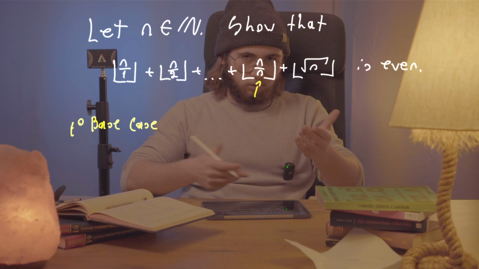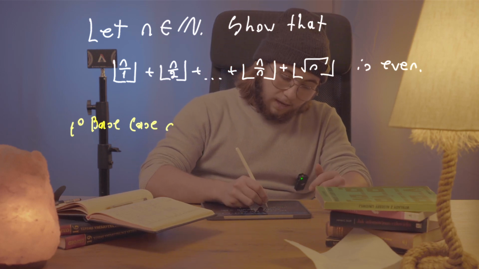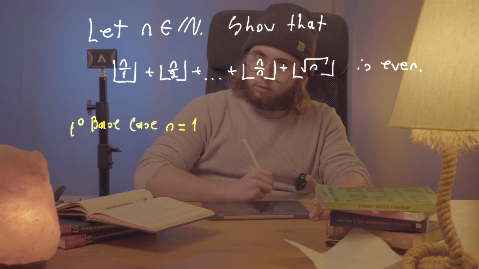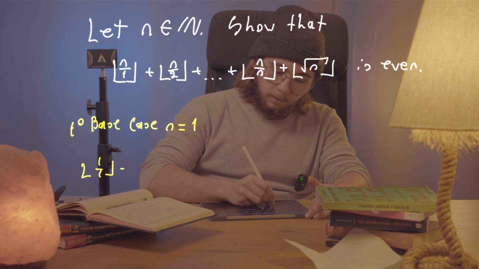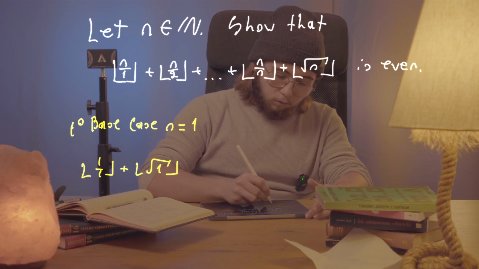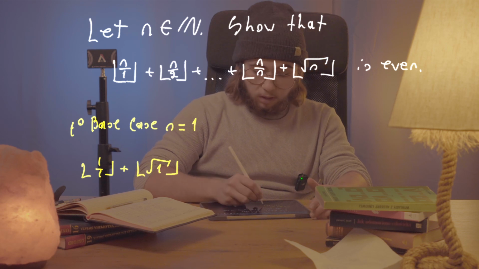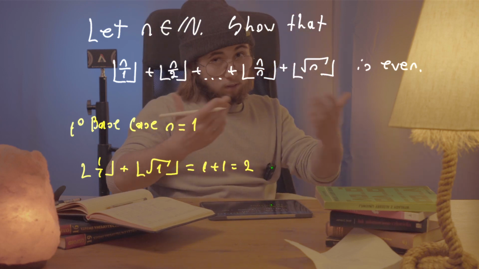So 0 by 0 won't really make any sense. So I just say that our base case is going to be for n being equal to 1. For n equal to 1, what are we going to get? The floor of 1 over 1 is going to be the first thing, and then the floor of the square root of 1. Both of those are just nicely equal to 1, and so the sum is going to be equal to 1 plus 1, which is equal to 2. Well, 2 is an even number.